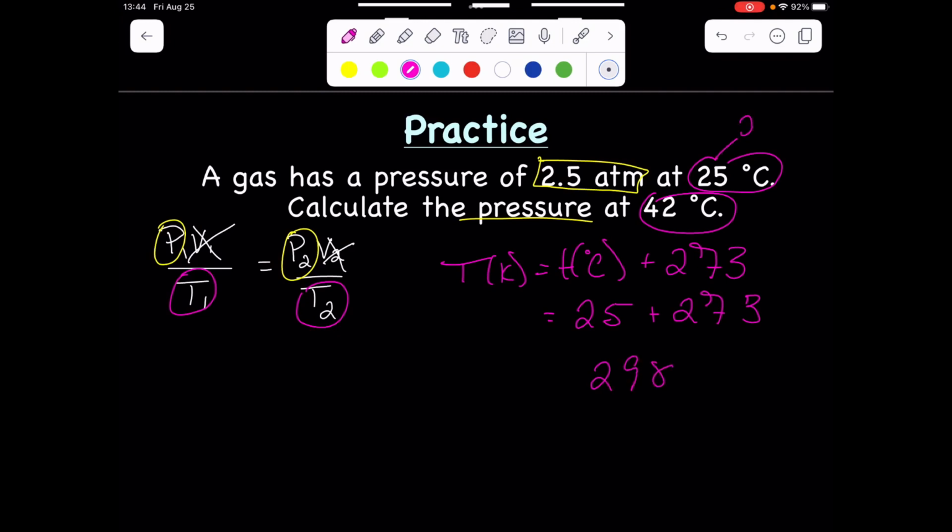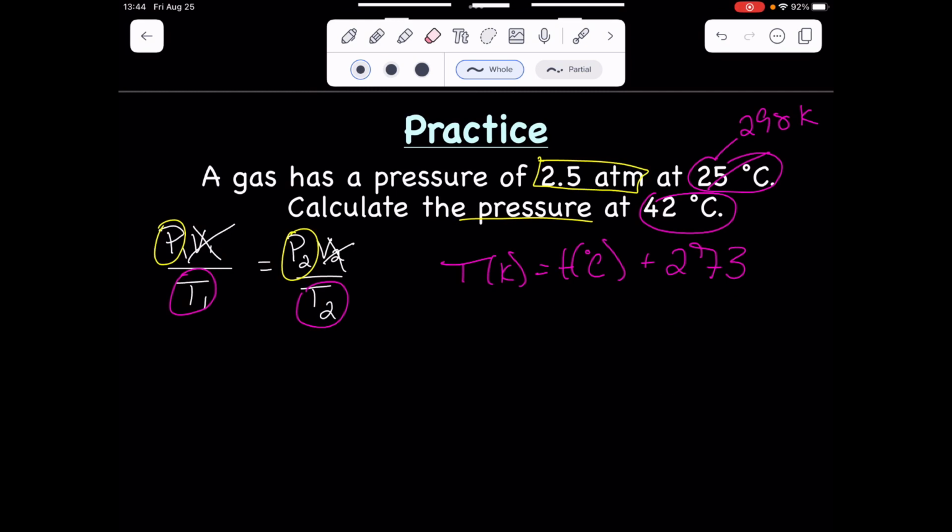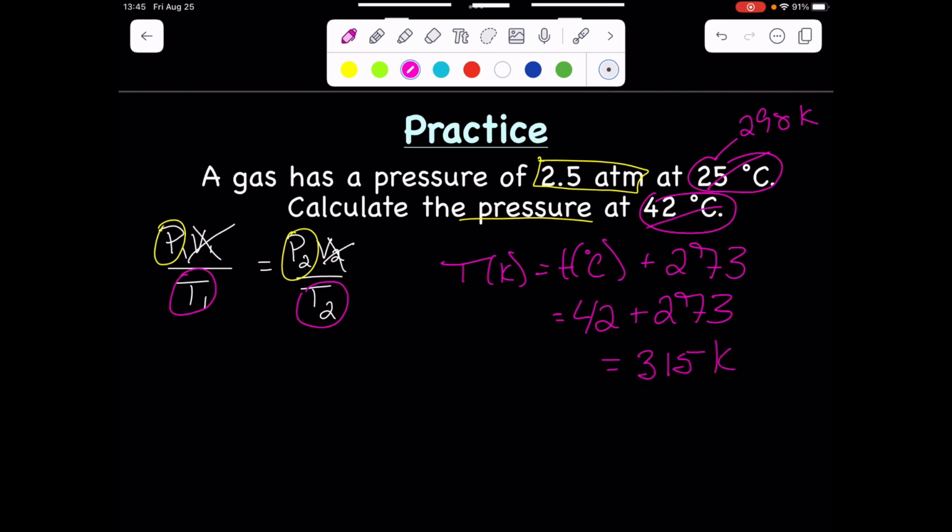So this one is 298 K. And we'll do the same thing for our second temperature: temperature in Kelvin equals temperature in Celsius plus 273, and that gives us 315 K.